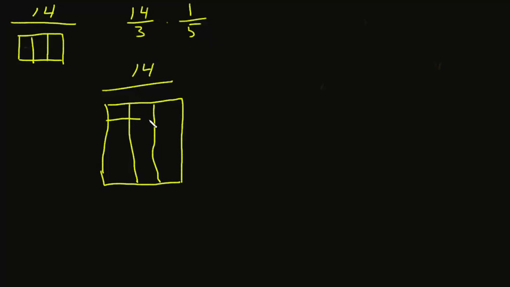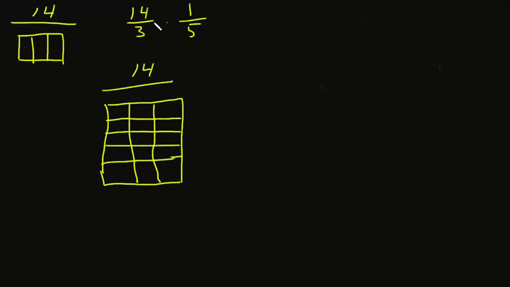So first we subdivide them. Each 1/3 has been divided into 2, 1, 2, 1, 2, 1, 2. Now each one has been divided into 1, 2, 3, 4, and 5. So we've got 5 subdivisions of the original 3 subdivisions.